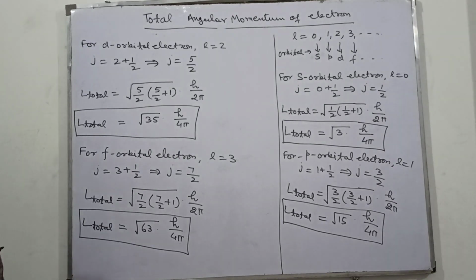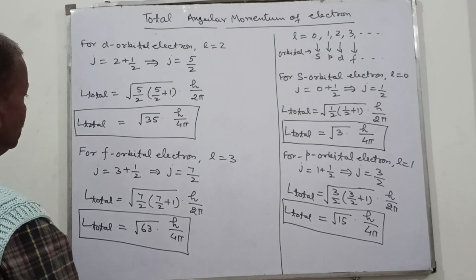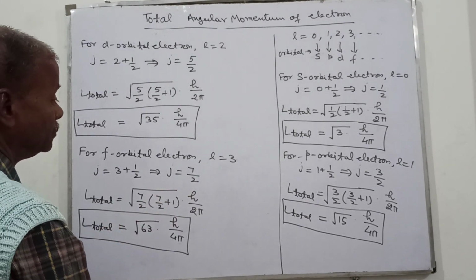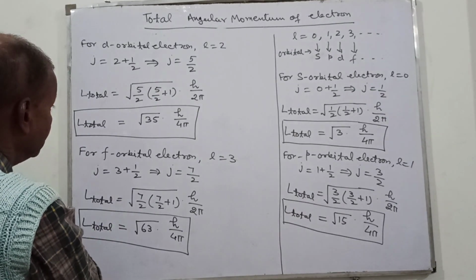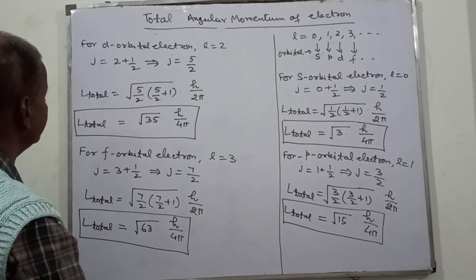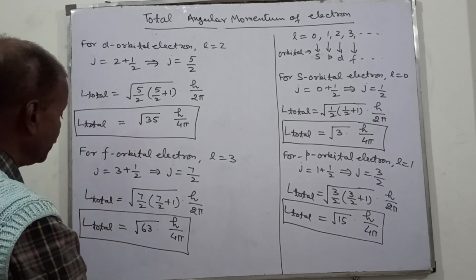The ratios cannot be found out, because these are square root values, so we leave it. 5 into 7, 7 into 5, 35, so 35 into h upon 4 pi.